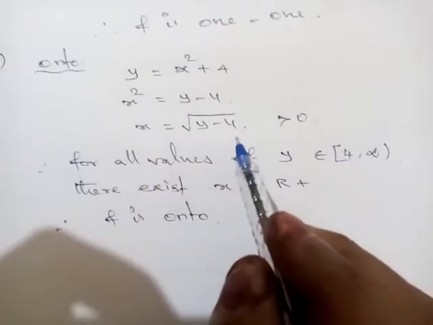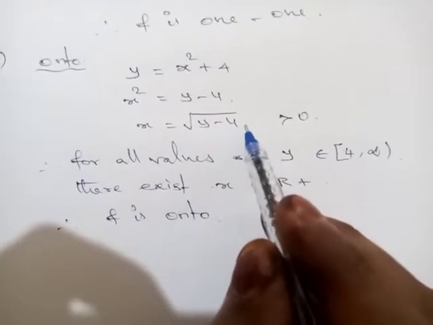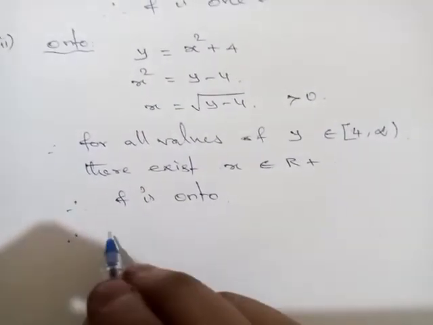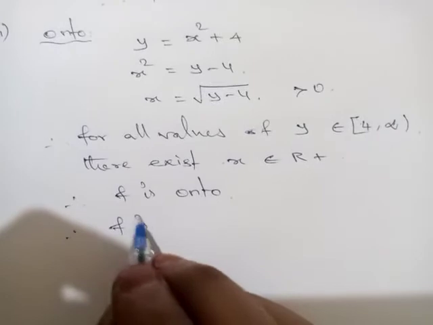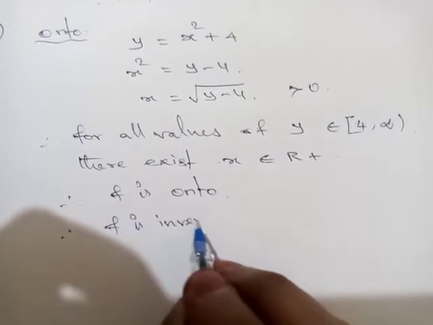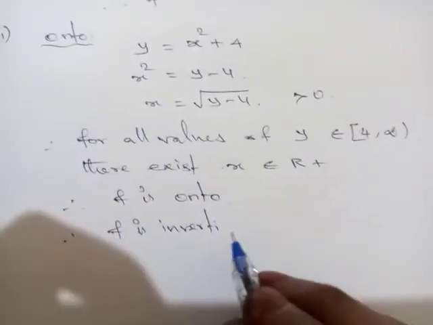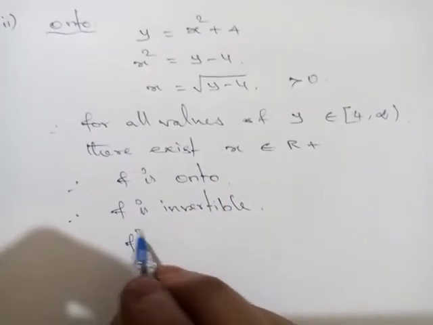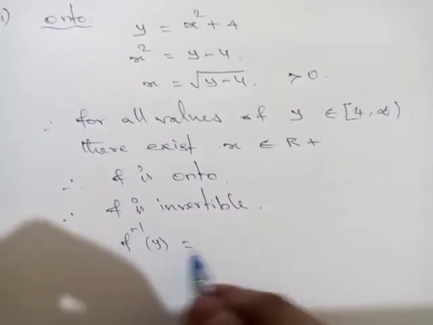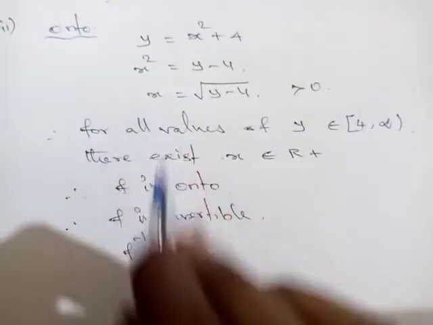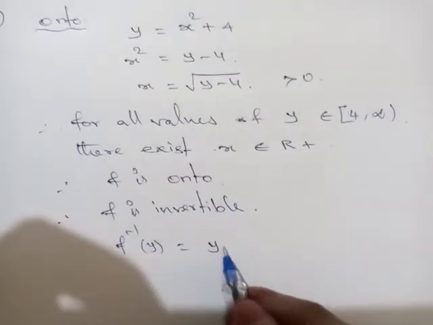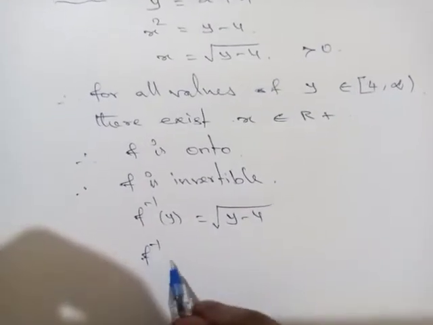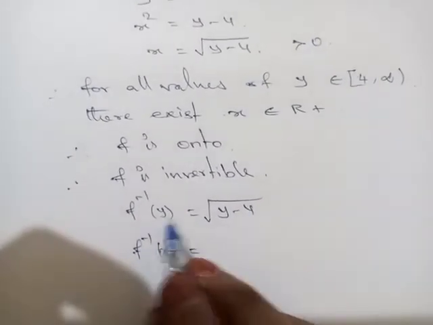Therefore we can say f is onto. And what is that inverse? This is the inverse of that function. Therefore one-one and onto, therefore we can say f is invertible. Actually this is the inverse function. And also f inverse of y is equal to this function. Actually x is nothing but f inverse of y is equal to square root of y minus 4. That we can write in terms of x also. Change the variable on both sides.